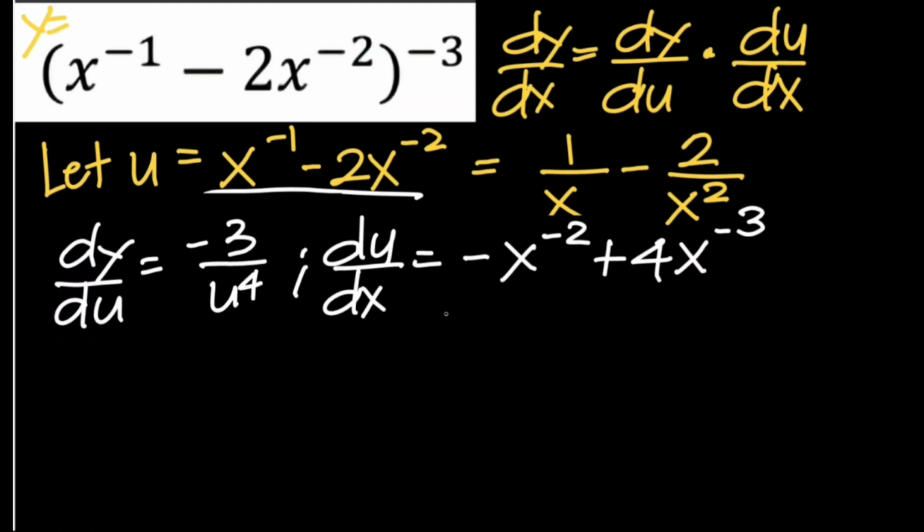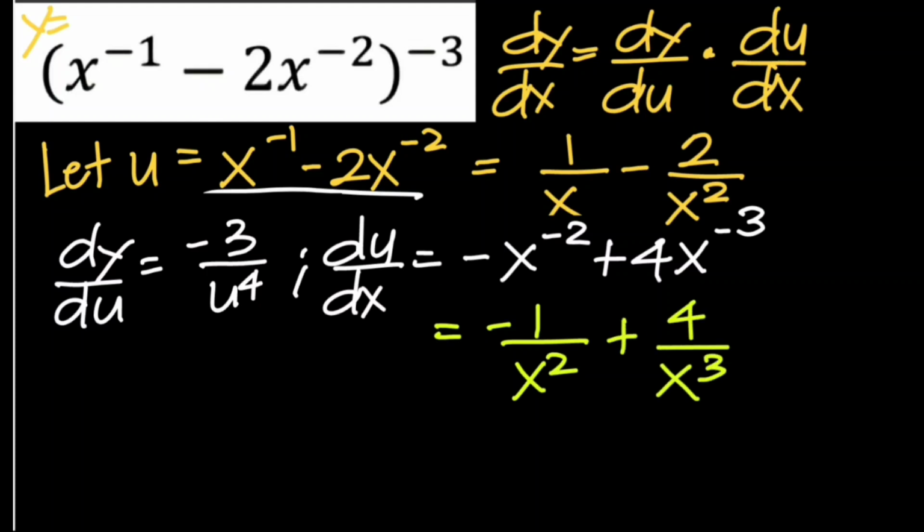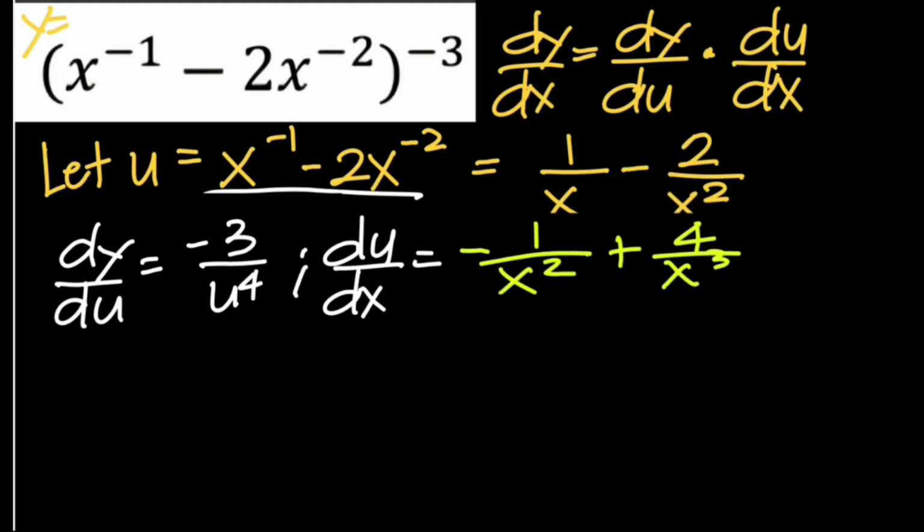Or we can simply write this as negative 1 over x squared plus 4 over x cubed. Then we can plug back in the value of u, and substitute everything into the chain rule formula, which is dy over du times du over dx.